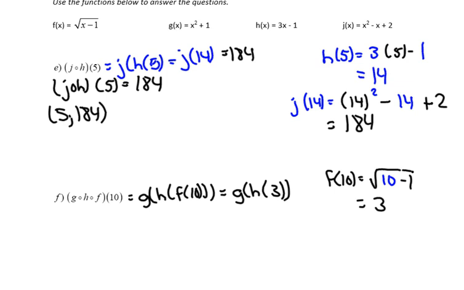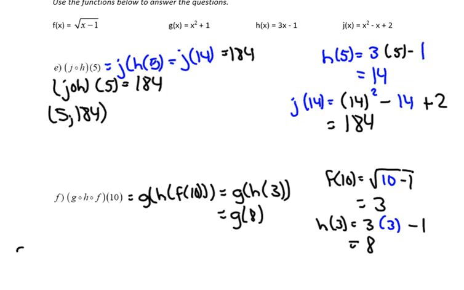Now, what is the inner function now? That's h. So now I'm going to go to the h function and use the domain for 3. So that's 3 times 3. Don't forget the minus 1. 3 times 3 is 9, minus 1 is 8. So h of 3 is 8. So I'm going to replace h of 3 with 8. Now, there's one function left, g, and I'm going to plug in 8 into the domain.